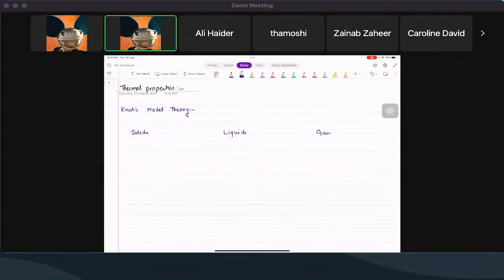So basically, the arrangement that you see in solids is like this. They're arranged at their fixed positions and they just vibrate there, they don't move. In liquids, they are in groups or layers, and in gases, they are randomly moving at fast speeds. Is it clear, everybody?